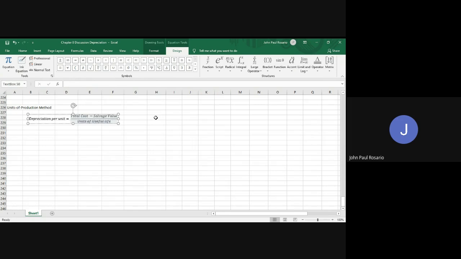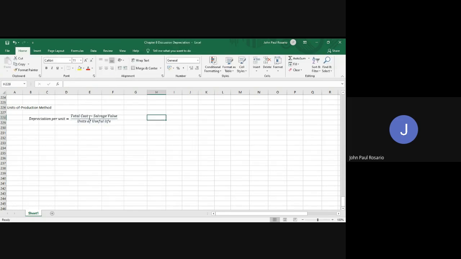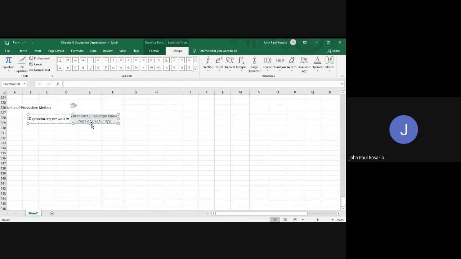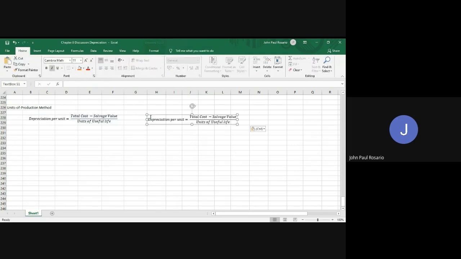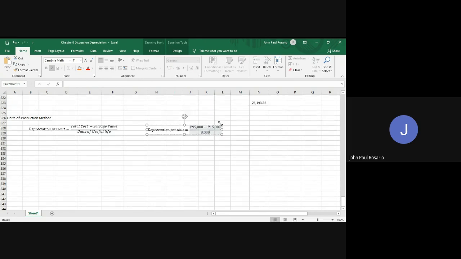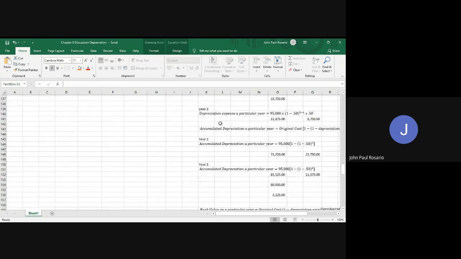In the case of our problem, our depreciation per unit is equal to 95,000 less our 15,000, and then our units of useful life, which I think was 8,000 hours. Let us recall the problem.